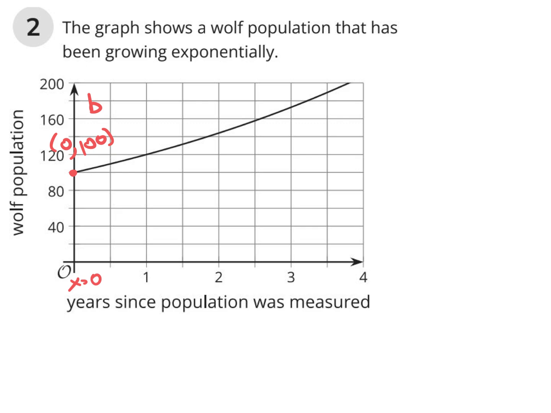The next thing you have to look for is where the curve goes through the corner of a box. The line must go through the corner of a box. And at 120, we now have 2 points. Now we can calculate our B. So in exponential functions, you have to multiply continuously to get to the next point.